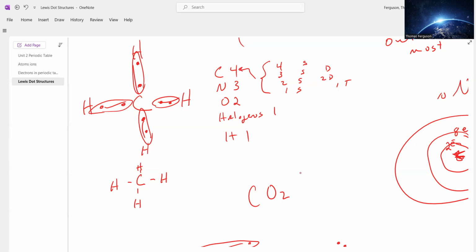Yep. And then don't forget, there's 1 dot here and 1 dot there for the carbon. Each one's like that. And then you'd circle those. Yep, exactly. Good. Oh, I need to turn off the recording.